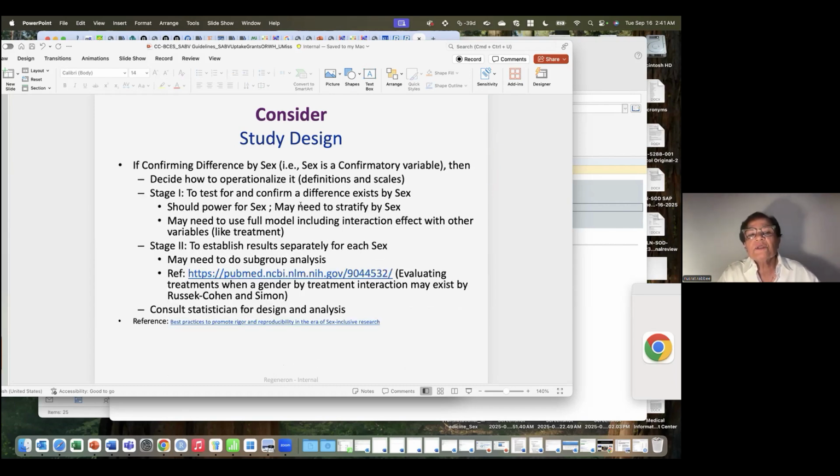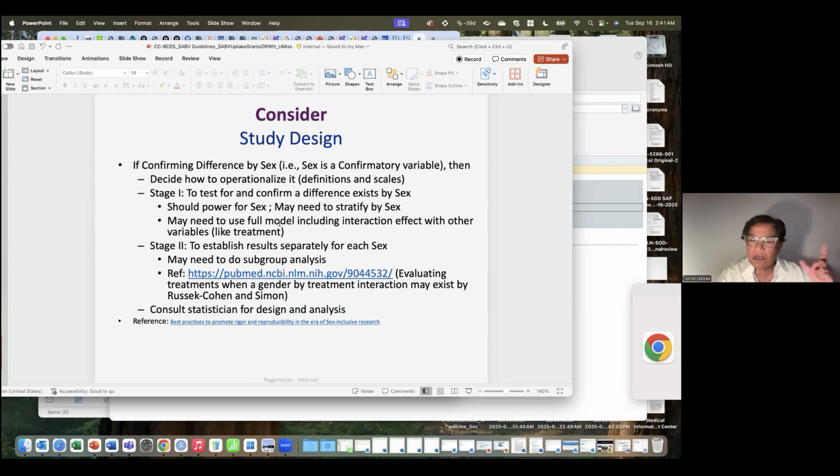If you're confirming a difference by sex, again, you have to decide how to operationalize the collection of the sex. Stage one would be you want to test for and confirm a difference by sex. You should power for sex. So you may need to stratify. You may need to use a full model with your treatment effect and an interaction effect.